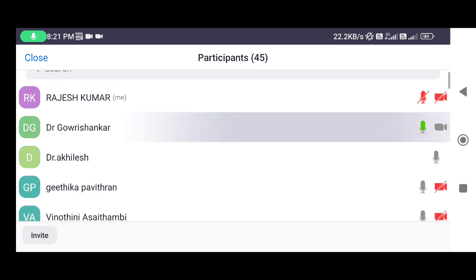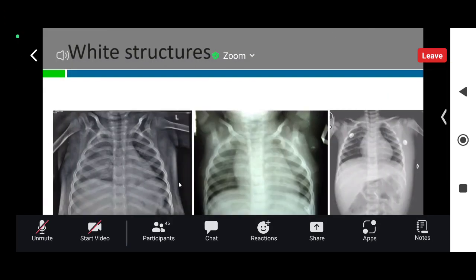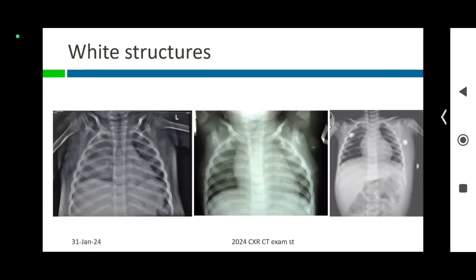Where do you get it? Usually in nephrotic syndrome, first episode when they come with edema, this is how they are. Suppose it is a severe dengue, they are like third spacing. This is how it is going to be. Okay, very good observation, Dr. Akhilesh.